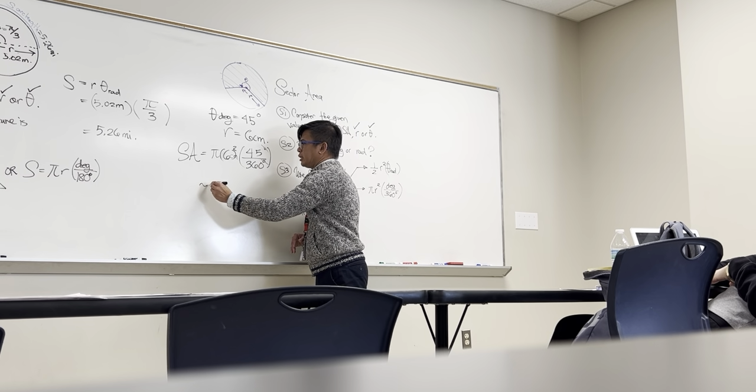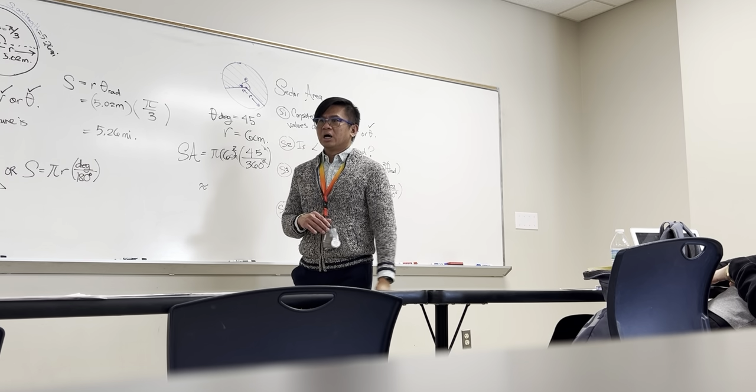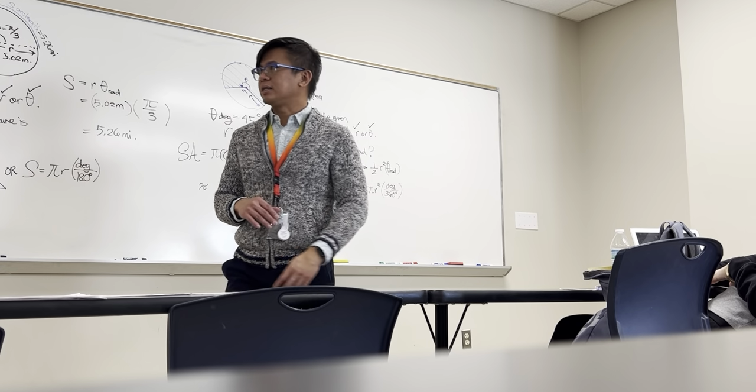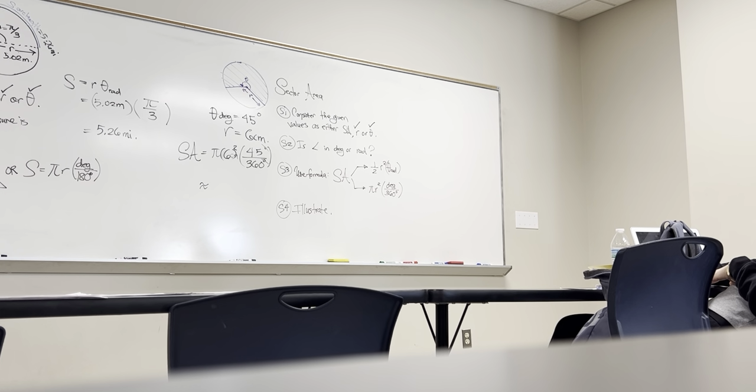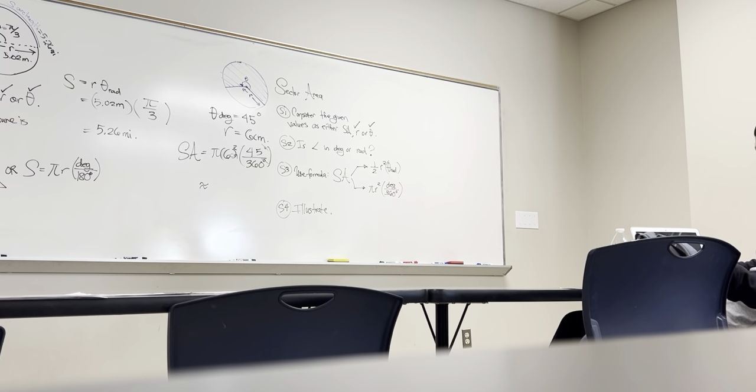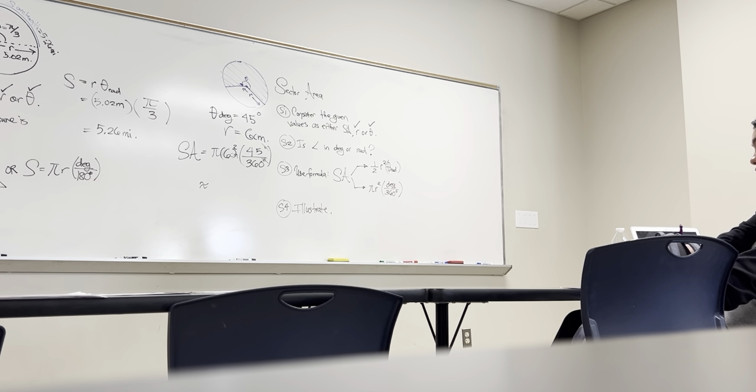Let's see this one. It says, round off to how many decimal places? 4 decimal places. Let's put it on your calculator. Once again, for pi, just type in pi, times 6 squared, and then multiply this by 45 over 360.